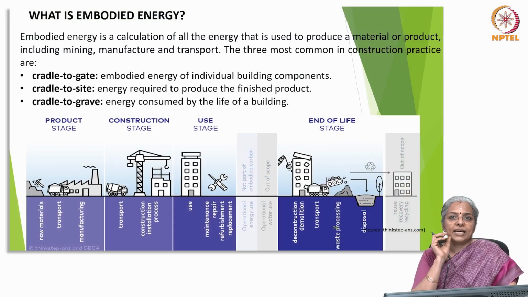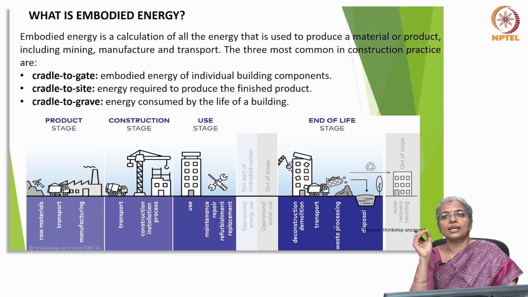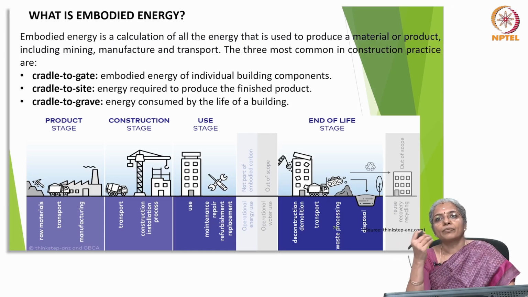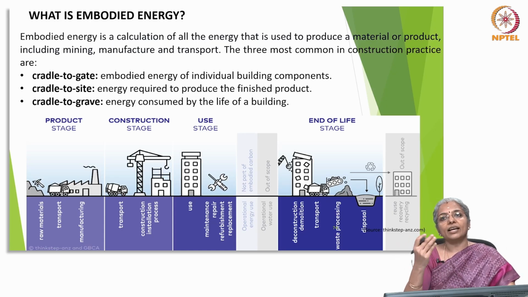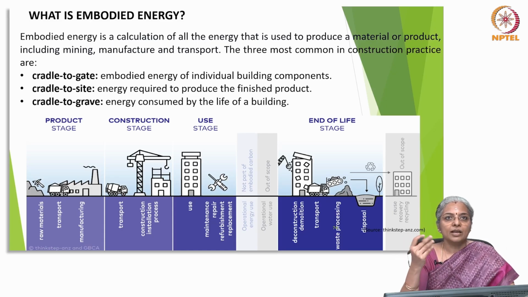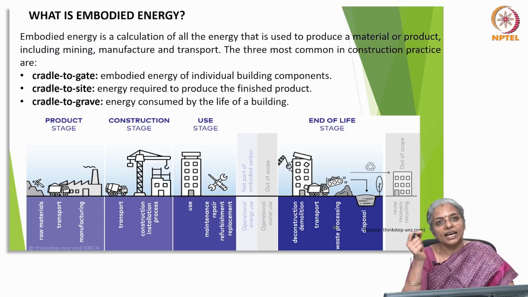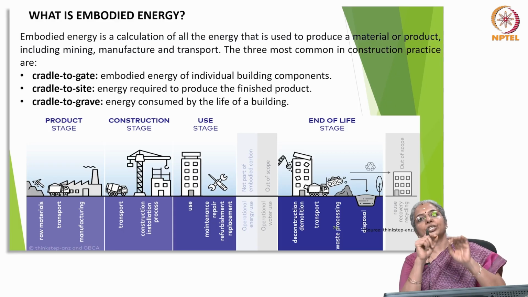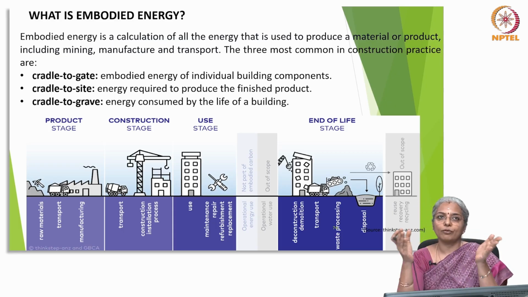The embodied energy is the calculation of all the energy that is used in the manufacture of that particular product. We have what is called recurring embodied energy. So, what is recurring embodied energy? Recurring embodied energy is the energy needed to maintain or refurbish a building over a period of time.